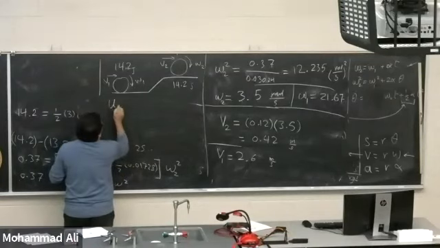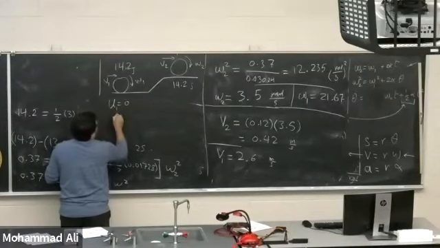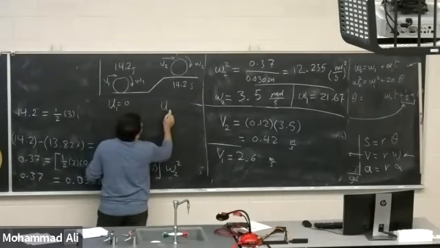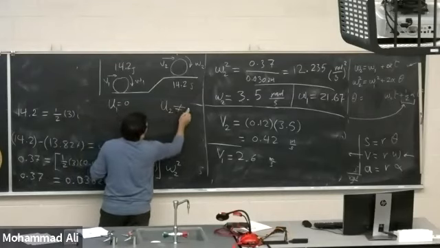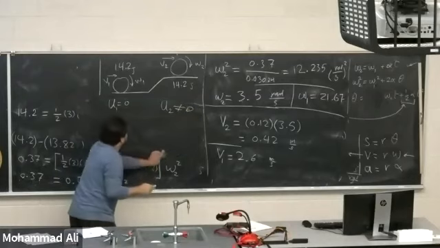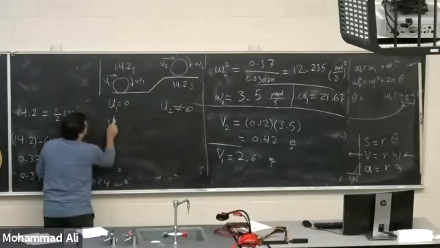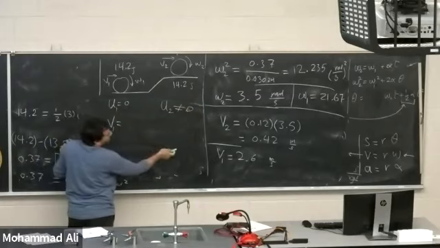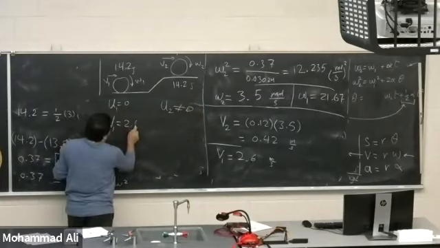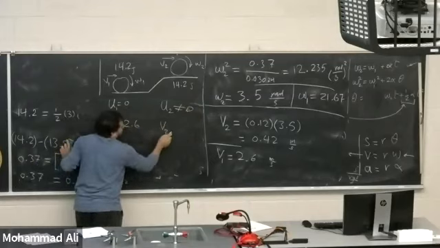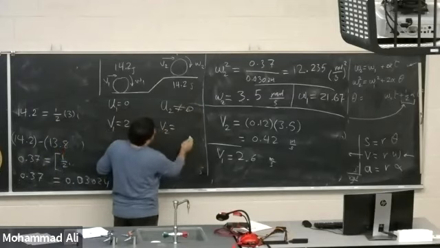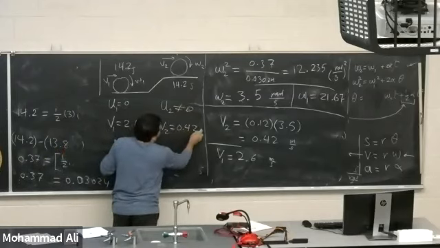Its potential energy here is equal to 0. Its potential energy here not equal to 0 as a magnitude. Its velocity here equal to 2.6. Its velocity here, which is the linear speed, it is 0.42 meters per second.